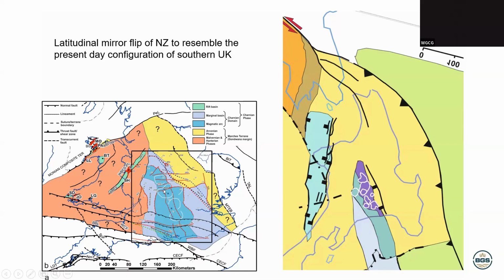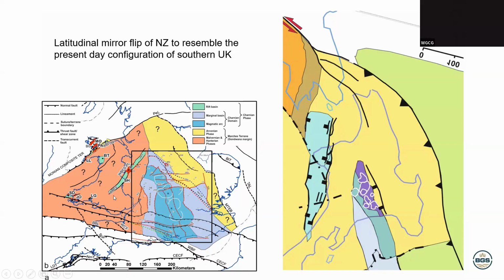We've got the subduction zone off here, and in southern Britain it would have been somewhere off here in the southern North Sea. And then behind that we've got another rift, the Taranaki rift, which is analogous, I think, to the structures that contain the Uriconian lavas and so on west of the Malverns.